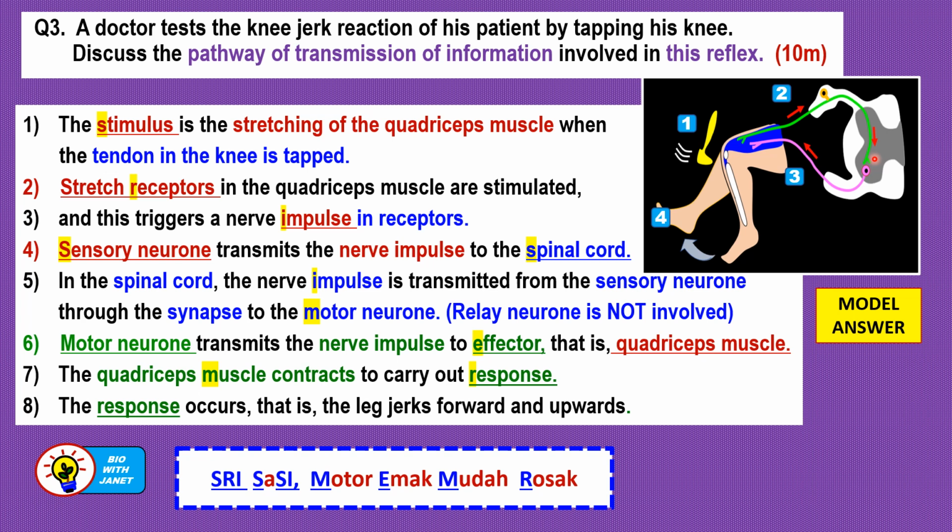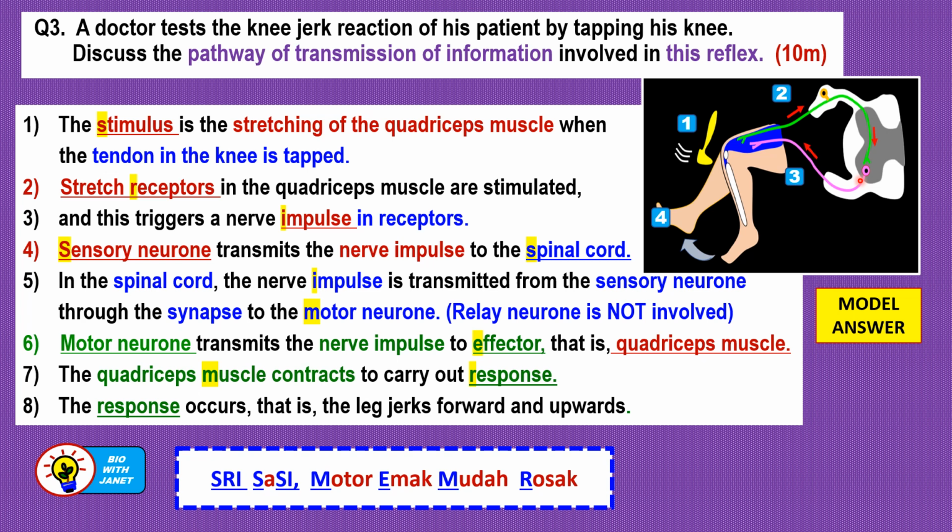So the brain is not involved in this knee-jerk reaction or reflex. Next, in the spinal cord, the nerve impulse is transmitted from the sensory neuron through the synapse, the gap here, to the motor neuron. Okay, so relay neuron is not involved.